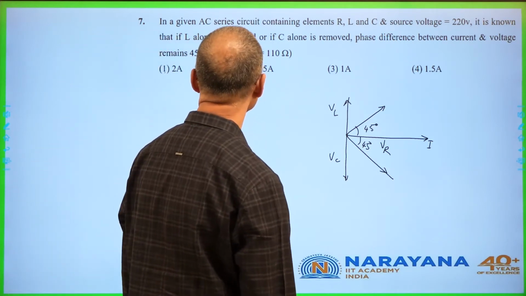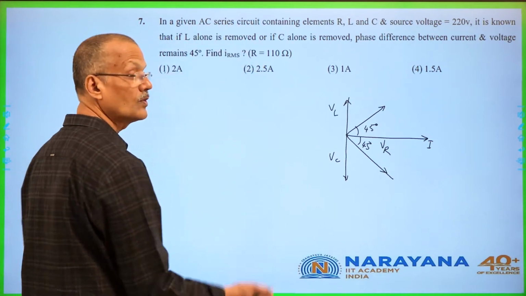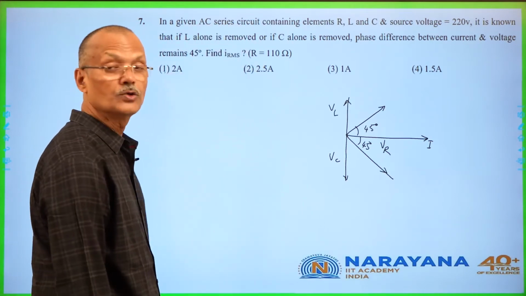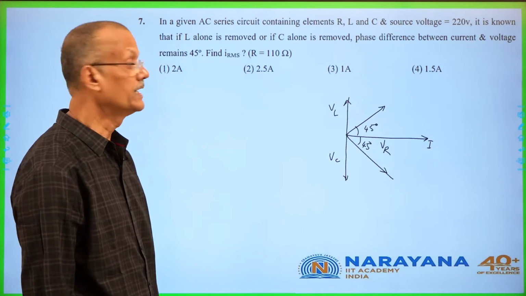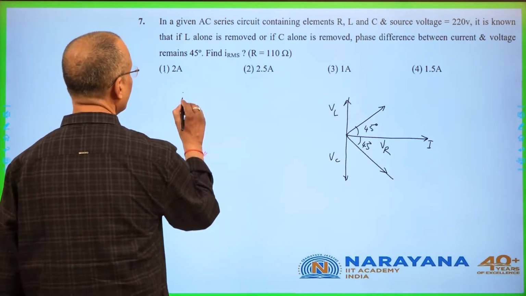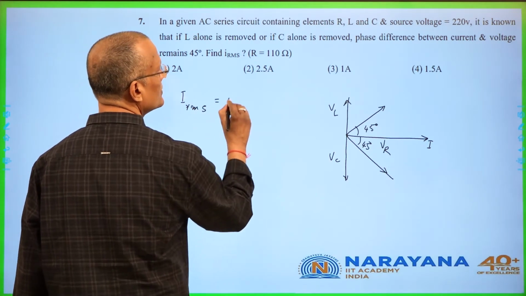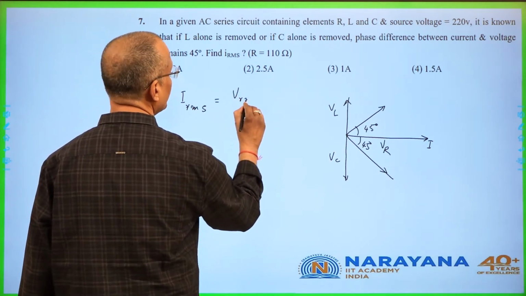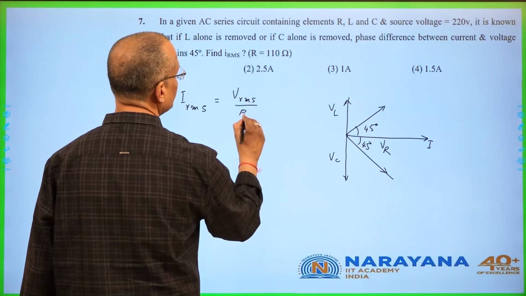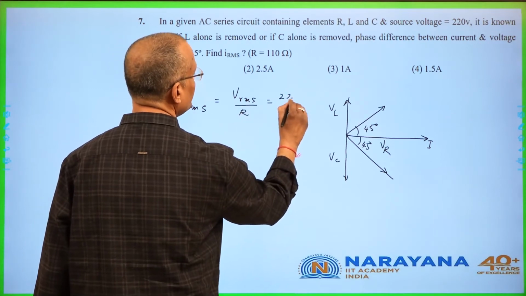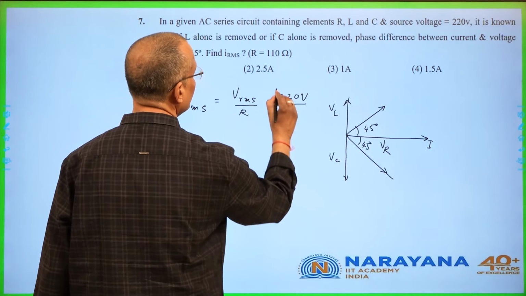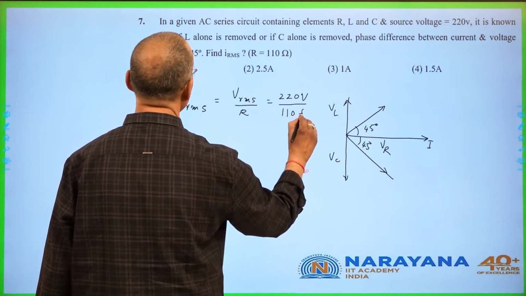So, they are asking you I rms. You know that in a series resonant circuit, your impedance is equal to resistance. So I rms will be equal to V rms by resistance. They have given you 220 volt and it is 110 ohm.